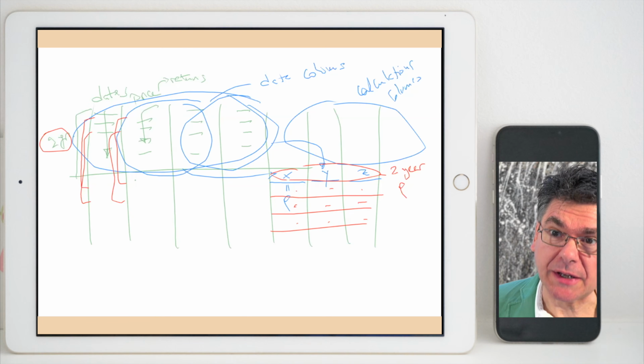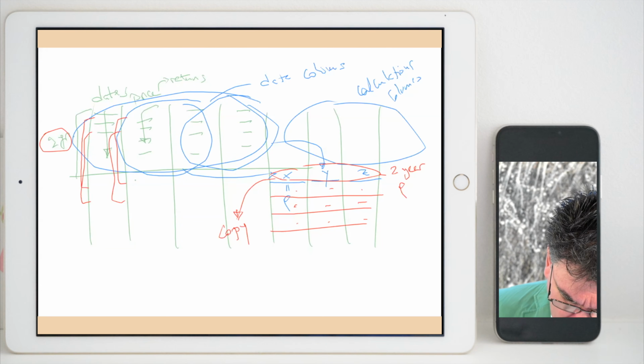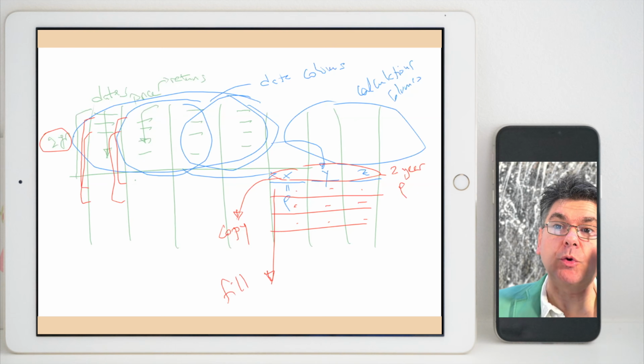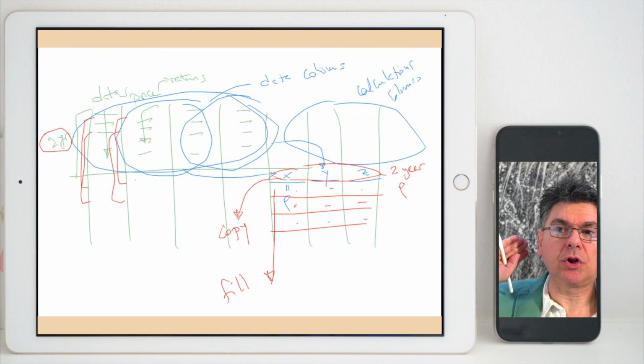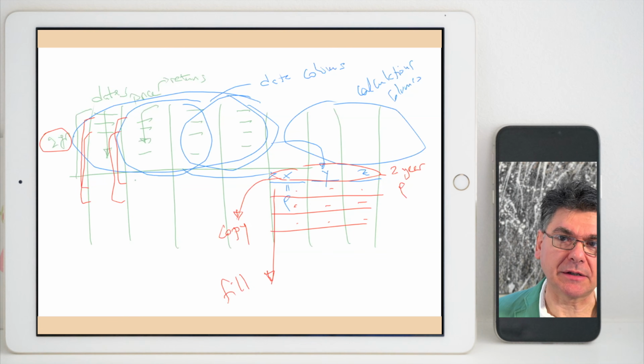It does it automatically for you. You only have to copy this cell and then fill. And then when you do that, the correlations will automatically be done on a rolling moving window for you. So this is actually very easy. Excel allows you to do this automatically.